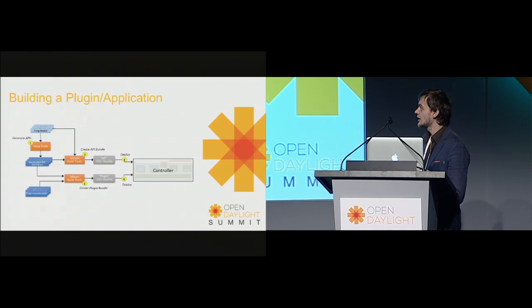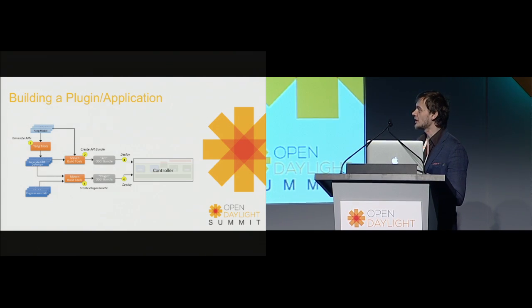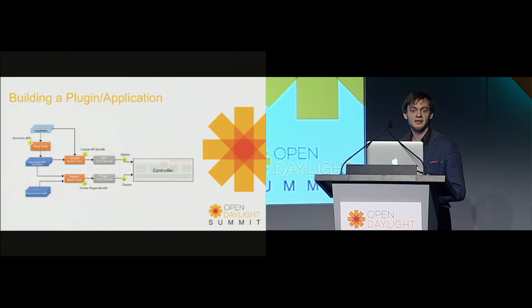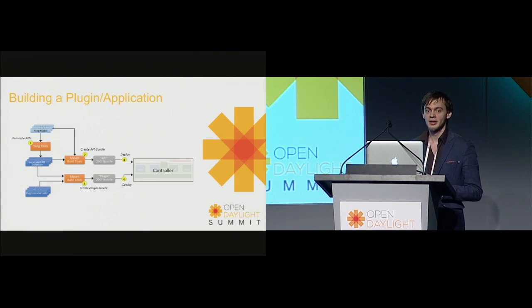In the Yang tools project, we have a set of tools which takes the Yang model and generates, at compile time with the Maven plugin, Java interfaces which represent the RPCs, the data structures, and so on. So you have nice APIs, as a normal Java developer, Java APIs, nothing funky there.